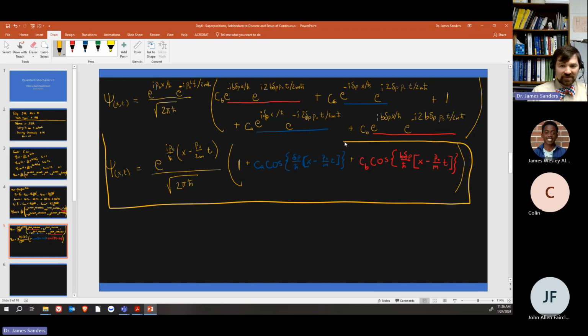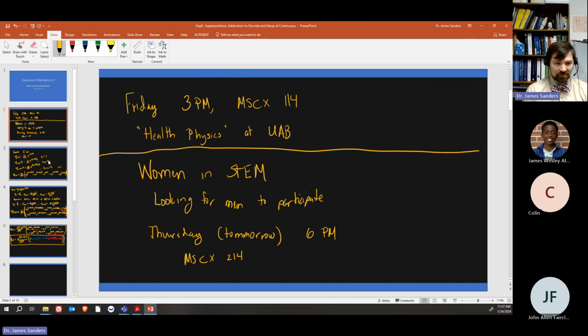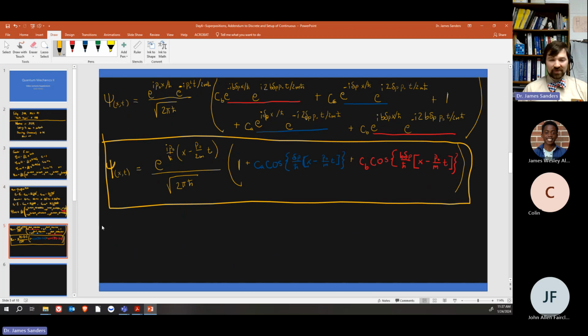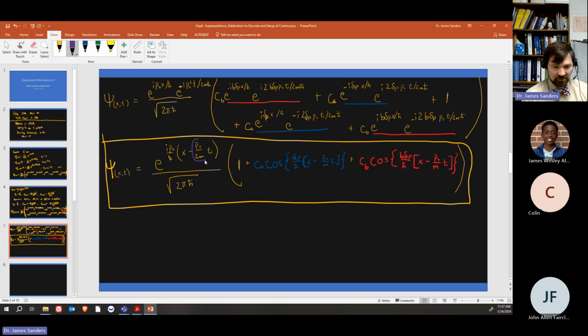Now, some comments on this: why did I do all this when we've already done the 2-state? It was not just for the fun of dragging you through all of this math. There is a point to it. In the 3-state superposition, we had some terms of interest. We had this term right here, and then a term inside of the cosine here.